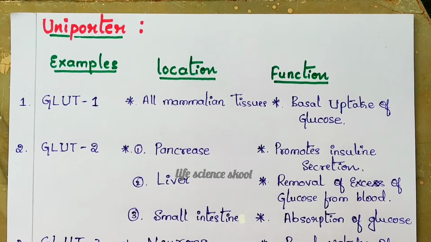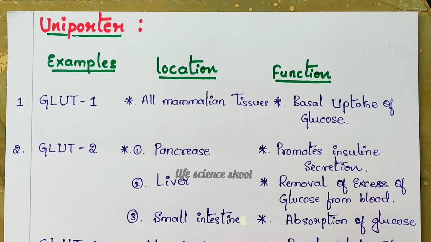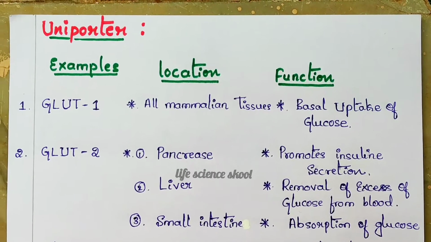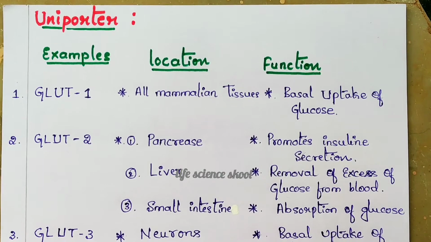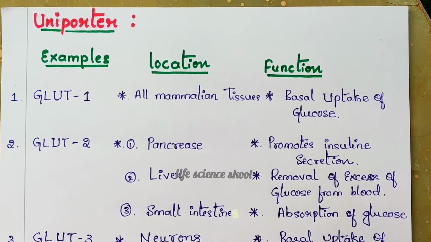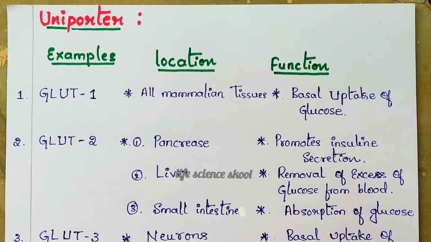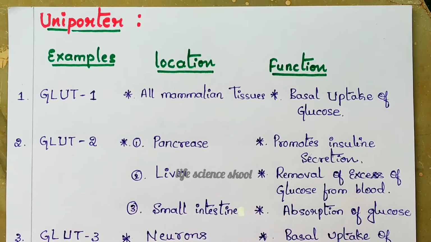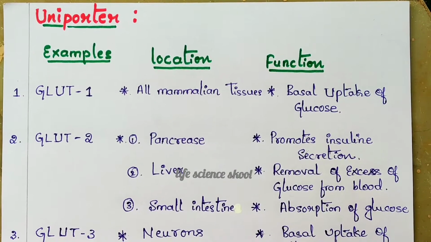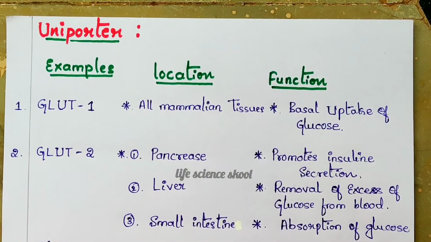In short, these are called GLUTs, meaning glucose transporters. Here I have made a list of glucose transporters which are very important for the examination and have been asked in it. I'm hoping this list will help you recall all the important GLUTs asked in the examination.